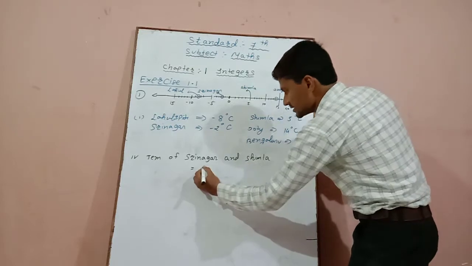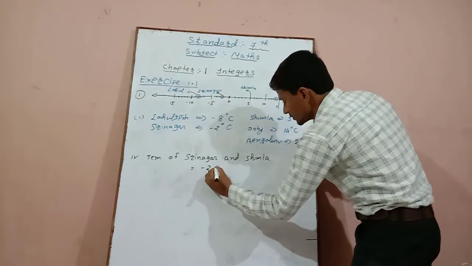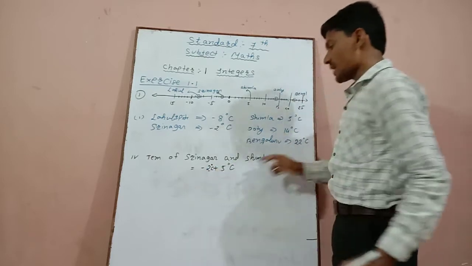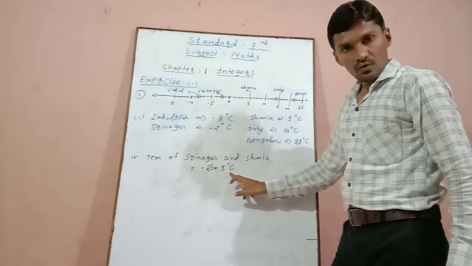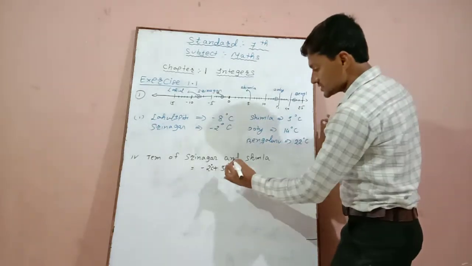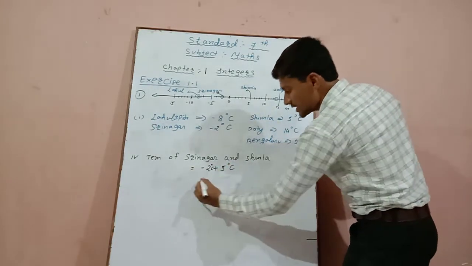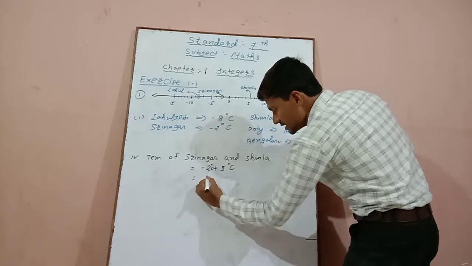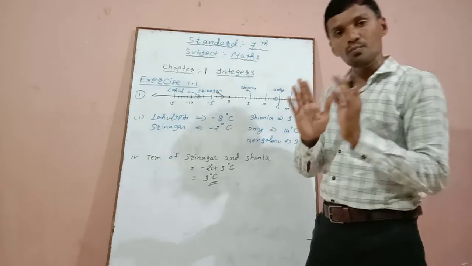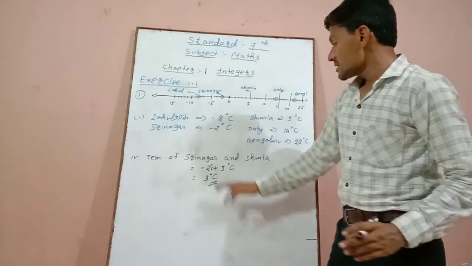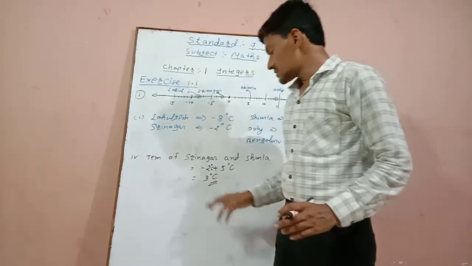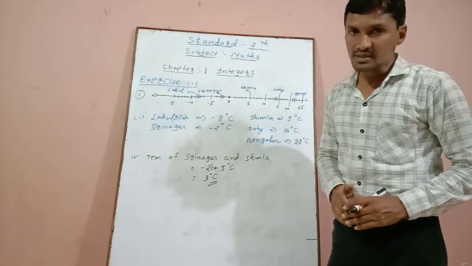So we have to add this, minus 2 plus 5 degree Celsius. So minus 2 plus 5, minus plus, the answer will be minus. So that means we have to subtract, 5 minus 2. The answer will be 3 degree Celsius. So the temperature of both cities added together, of Srinagar and Shimla, is 3 degree Celsius.